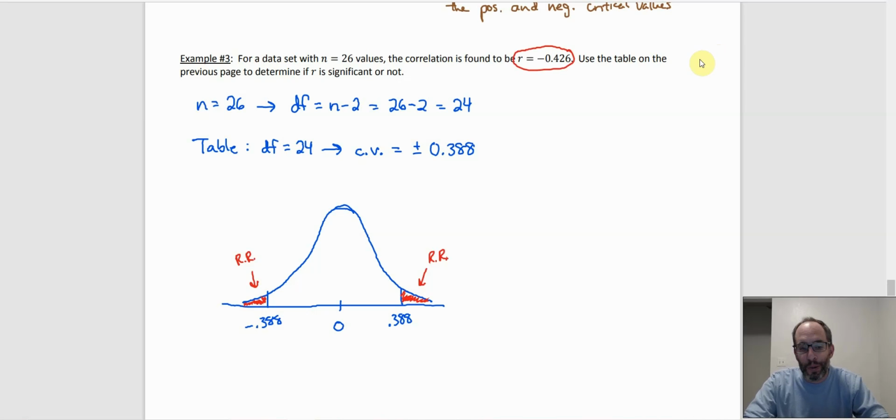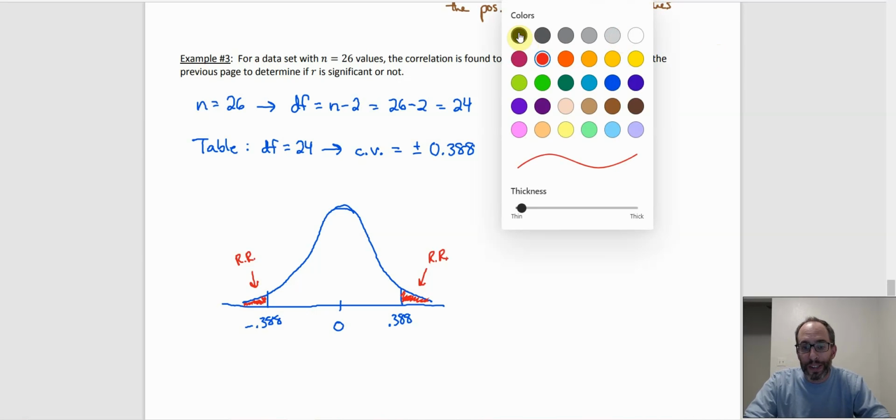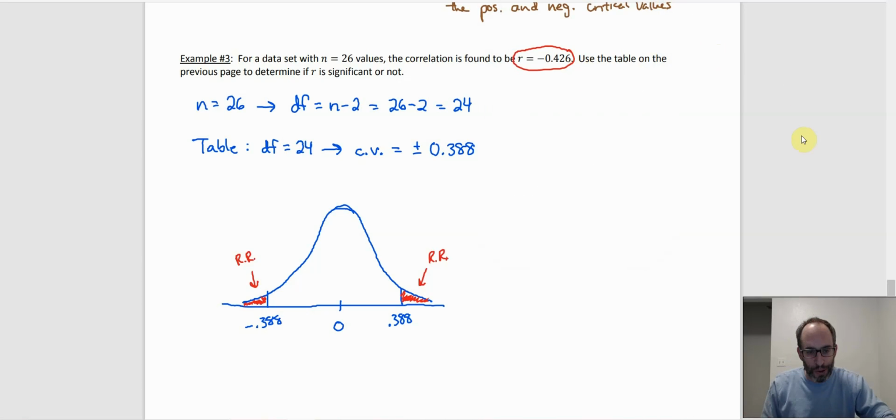It's negative 0.426, which is less than negative 0.388. So it's actually out here in that tail. So it's in the left tail, it's in the rejection region, right? So here you would reject the null, right? Because it's in that left piece of the rejection region.